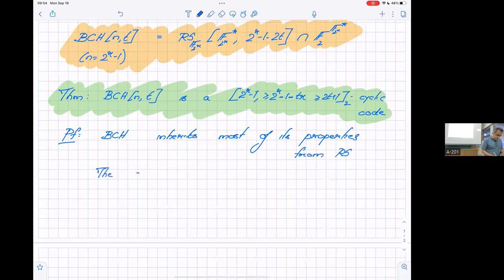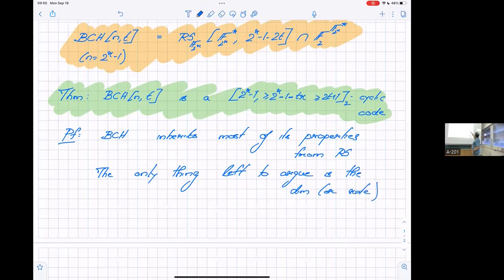The only thing left to argue is the dimension, the rate. Okay, that's the middle quantity. The 2 power r minus 1 minus tr is the only quantity we need to show. That's the only thing we need to show. The distance is the constant. So let's get to that.